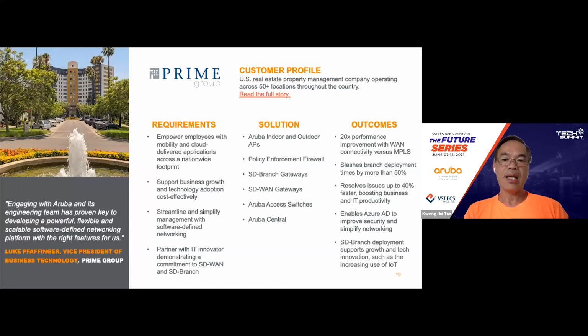This is the second case study that I would like to share with you today. Prime is a US real estate property agent company with more than 500 employees, operating in more than 50 locations throughout the United States. Prime's residential division operates an expanding list of mid-market and upscale multi-family properties.